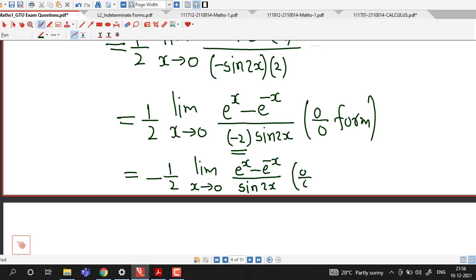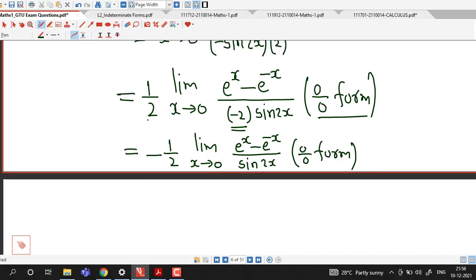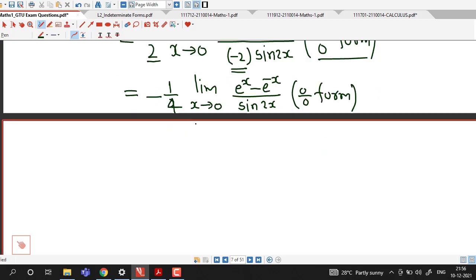So this remains 0 by 0 form. We have just rewritten this by taking minus 1/2 outside, and we already have 1/2 here, so that will be 1/2 into minus 1/2, which is minus 1 by 4.